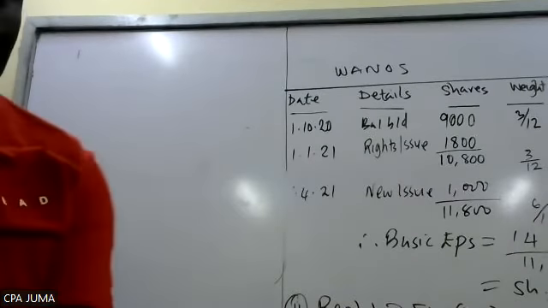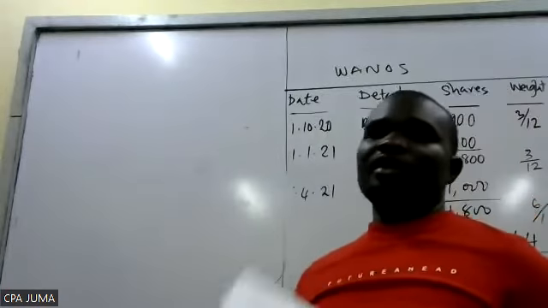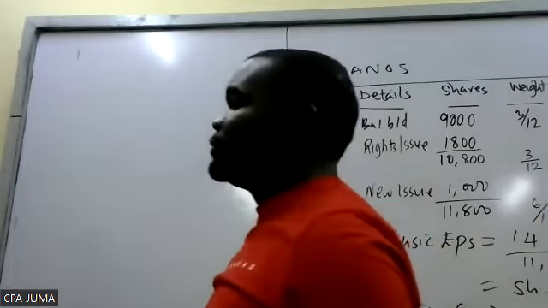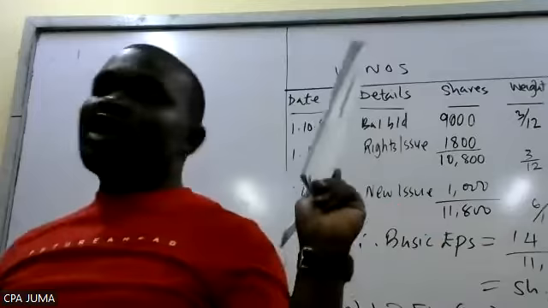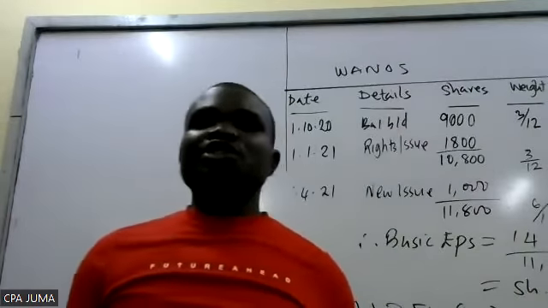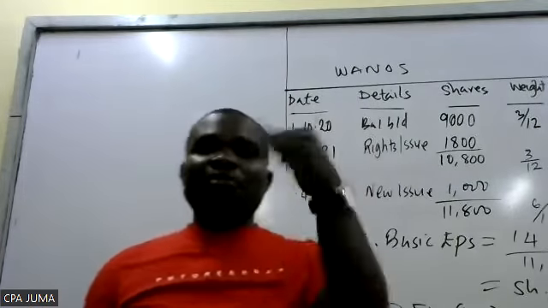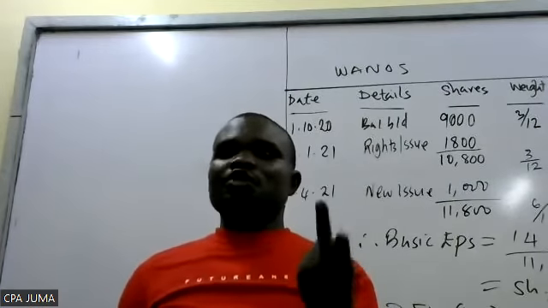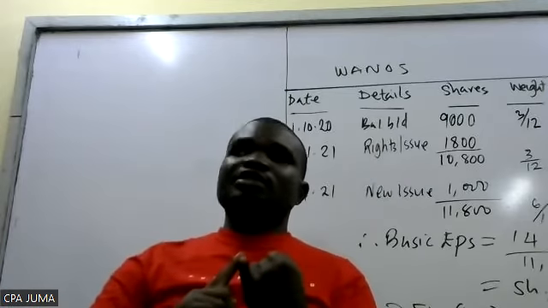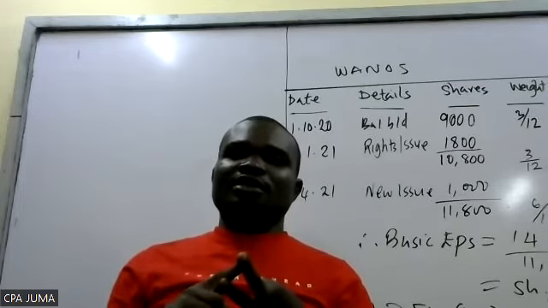Now we go to the father of EPS, diluted earnings per share. When you want to do diluted, please identify potentials. Potentials are three. All can be present, or at least 2: options, convertible preference, convertible debts.